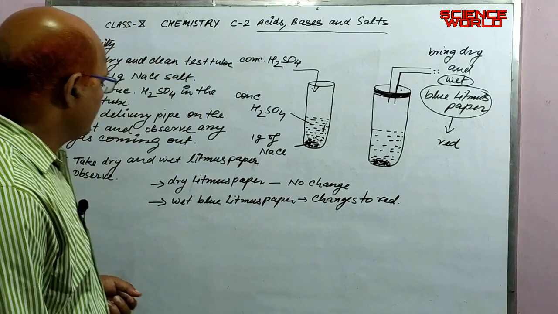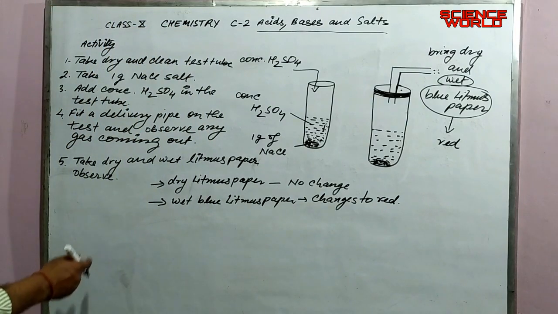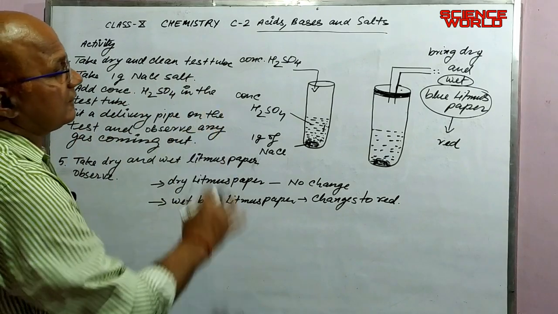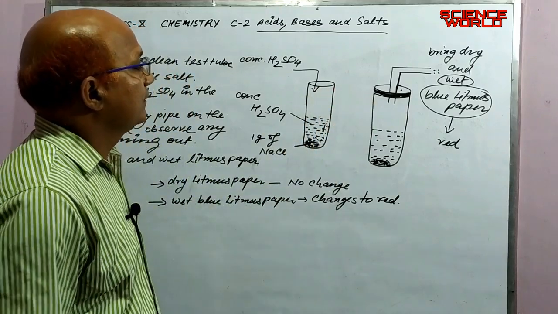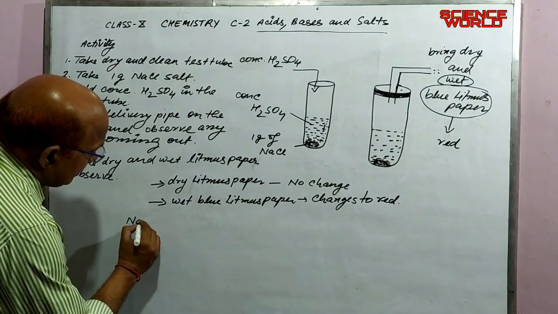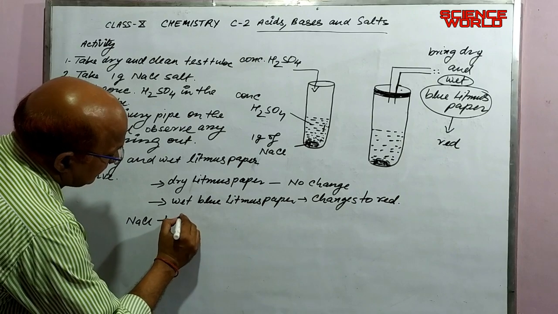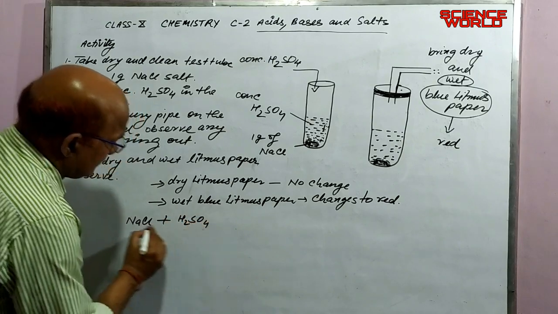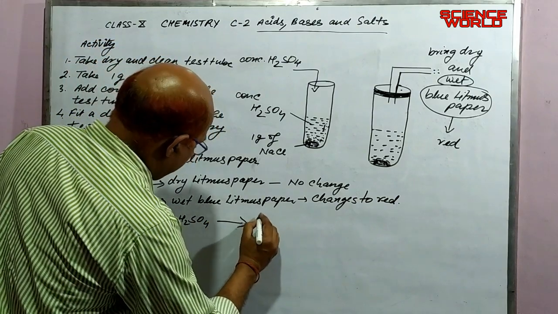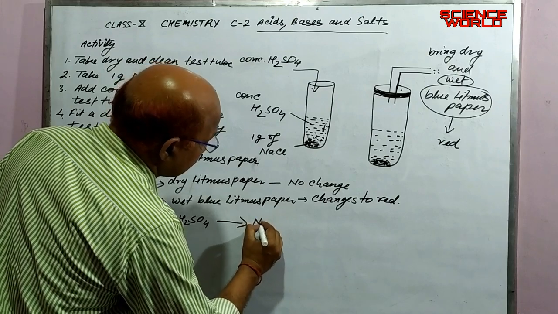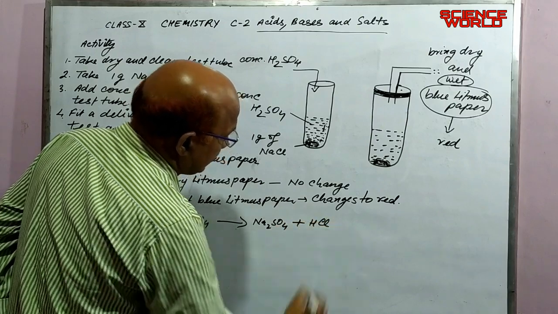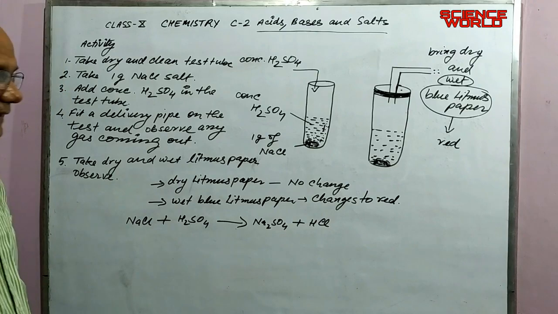Okay? So, what do you conclude? Actually, in this process, what happens when we add concentrated sulfuric acid with sodium salt, then sodium sulfate is formed along with release of hydrogen chloride gas.